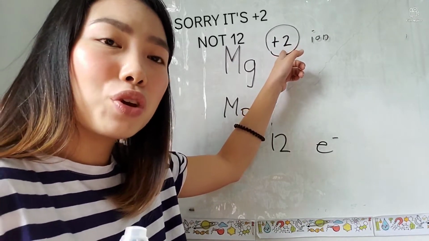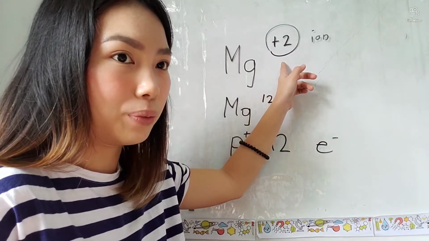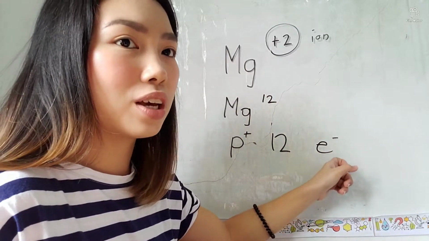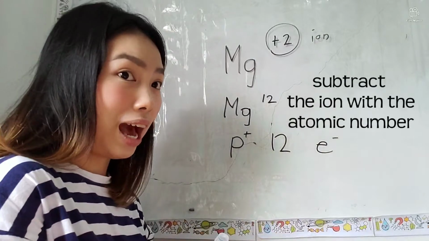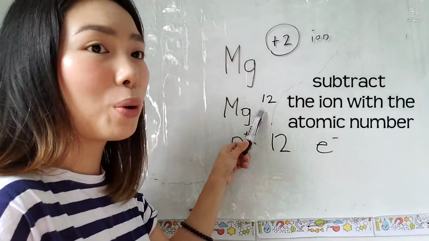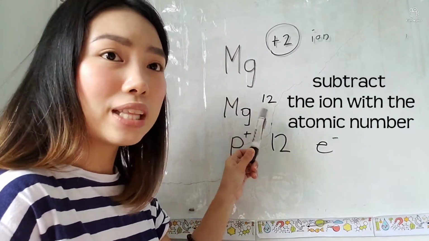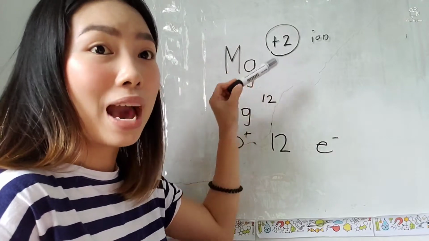Ngayon, if your ion is cation, ang gagawin mo sa number of electron is to subtract 2 with your atomic number. So, ang tatandaan mo para hindi ka malito, kapag positive, minus.